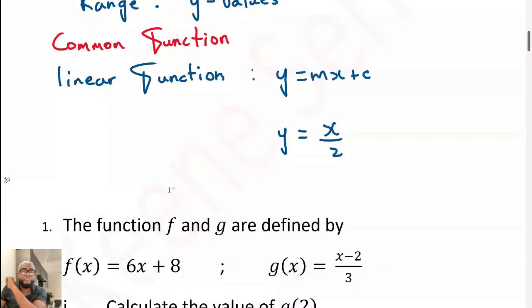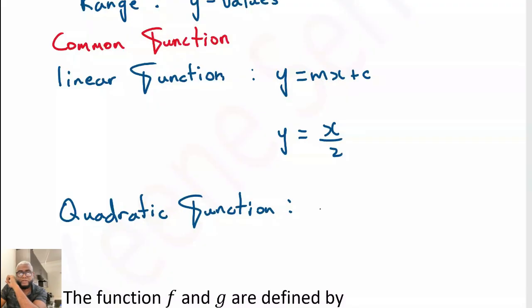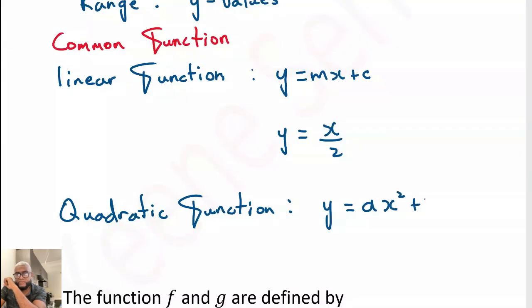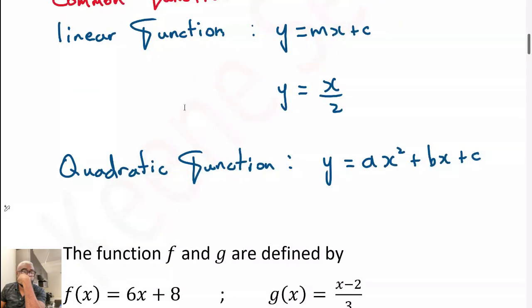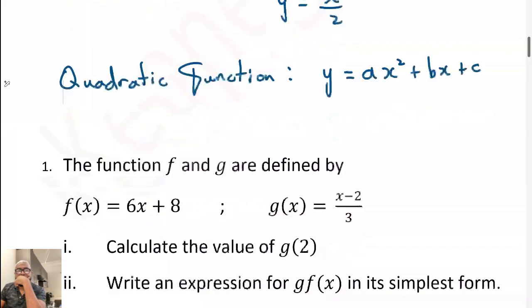Linear functions mean the power of x is just 1. And then you will have the famous quadratic function, which is y is equal to ax squared plus bx plus c. Everybody good there? So we'll just do this one here, and then we have the composite function, but I'll write the note lower down.